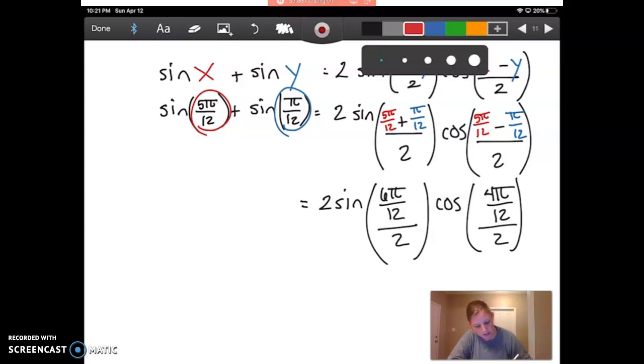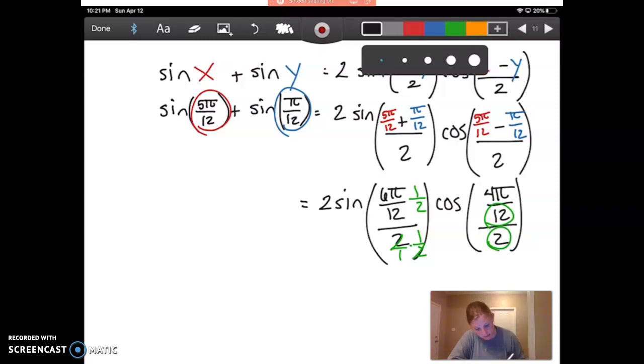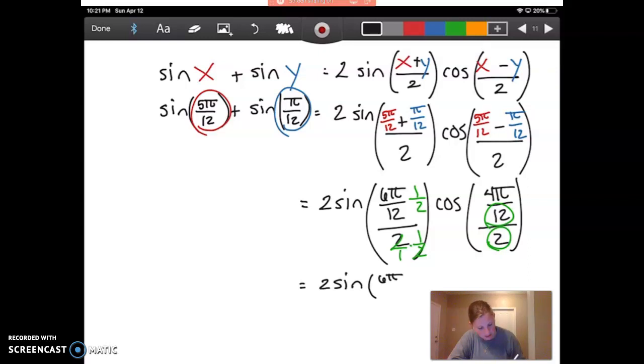In case you have forgotten, I'm going to remind you that 2 is over 1. So if I multiply by the reciprocal, 1 over 2, these cancel, and it's like having 6 pi over 24. The shortcut is simply multiplying those denominators together. That's a nice little trick to have. So this is going to equal 2 times the sine of 6 pi over 24 times the cosine of 4 pi over 24.